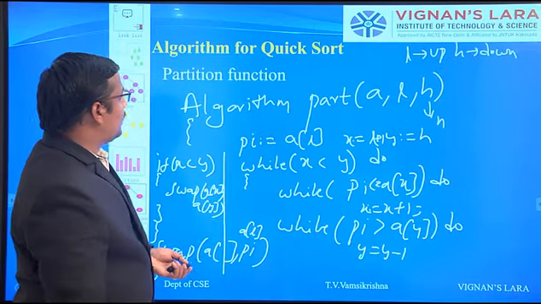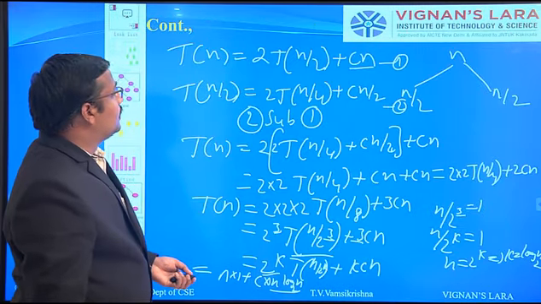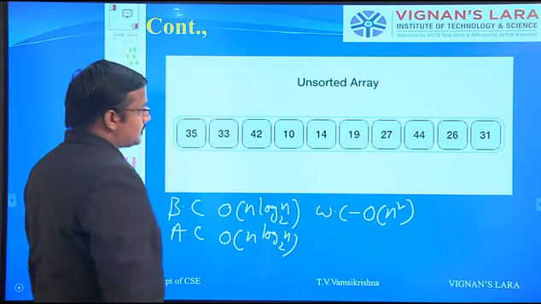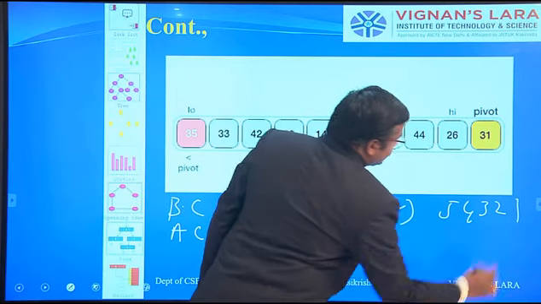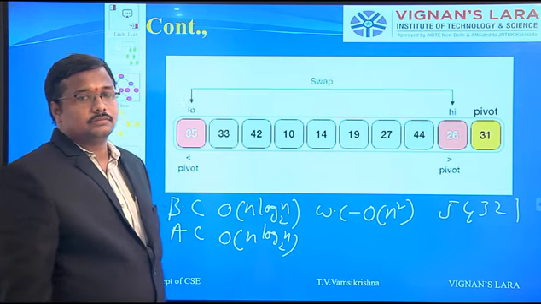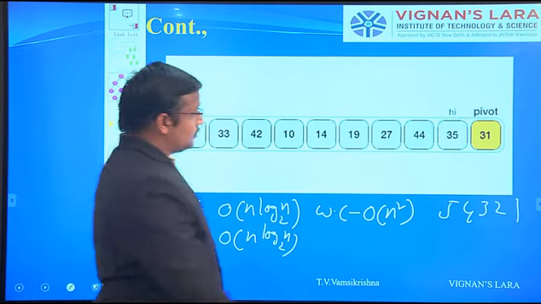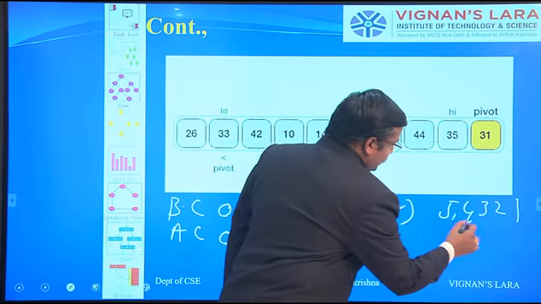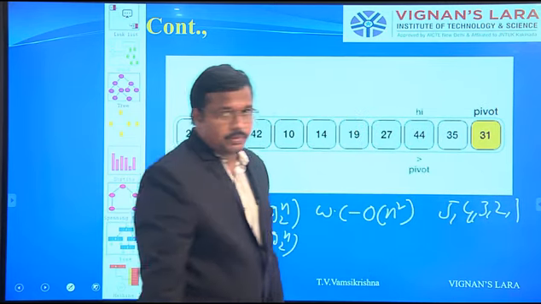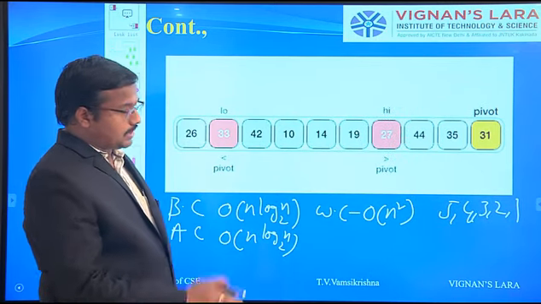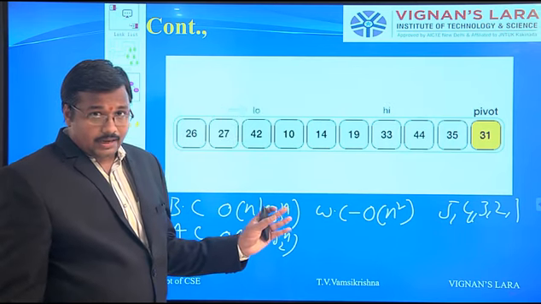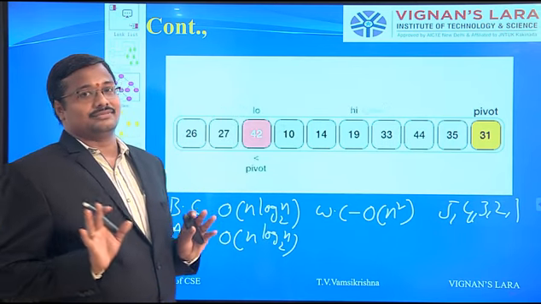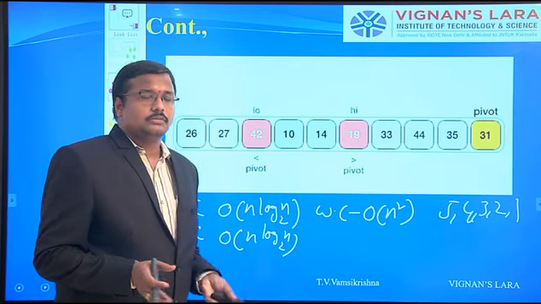As I already told in the previous example, the worst case input is exactly the reverse of the required one. The required one is ascending order, so this is descending order. If you apply quicksort for this case, in each and every pass we get either the left side array or the right side array, not both. If you want, you can check it.